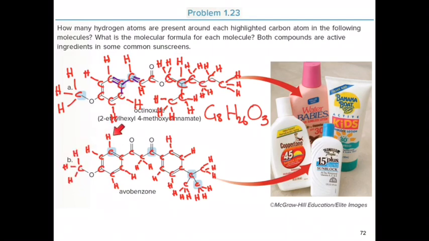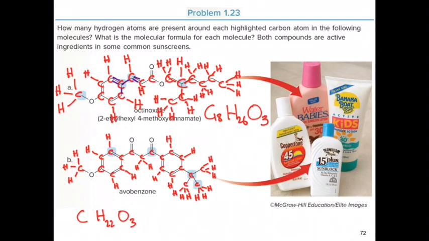And so now let's count the total number of hydrogen atoms. We have 1, 2, 3, 4, 5, 6, 7, 8, 9, 10, 11, 12, 13, 14, 15, 16, 17, 18, 19, 20, 21, and 22. So there's a total of 22 hydrogens, and the elements present are carbon, hydrogen, and oxygen. For the oxygens we have 1, 2, and 3 oxygen atoms.